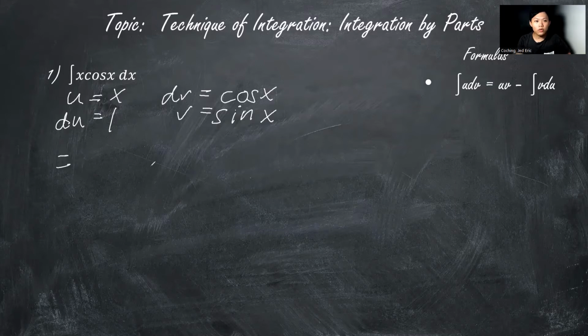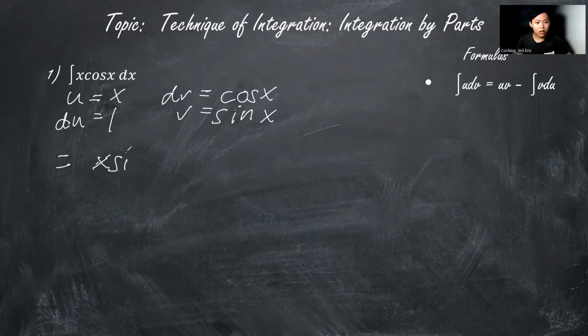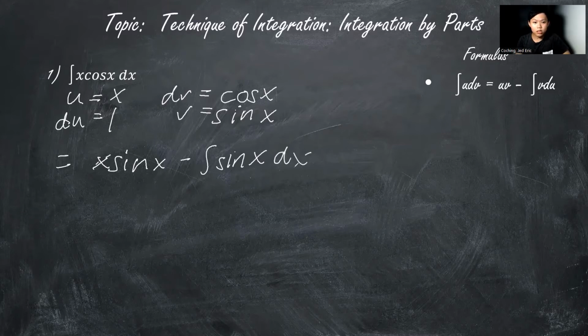So uv, so x sine x minus the integral of sine x dx. Now we can simplify this, as the integral of sine x is equal to negative cos x.